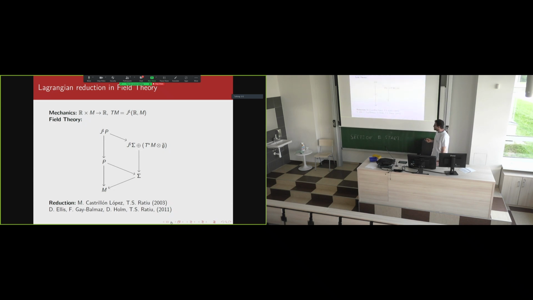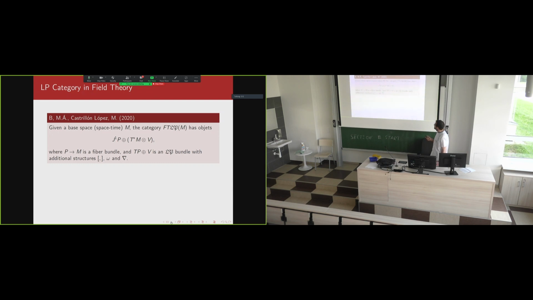So now, if we want to do reduction by stages, we have to define a category, as we had before for mechanics, that is closed under reduction. So we are going to define this category.